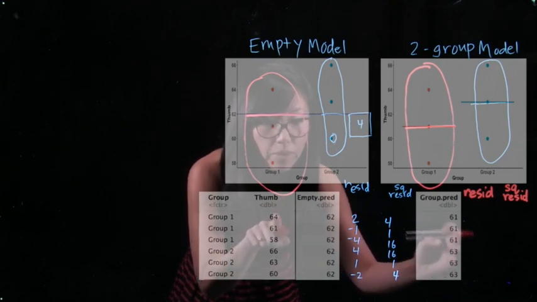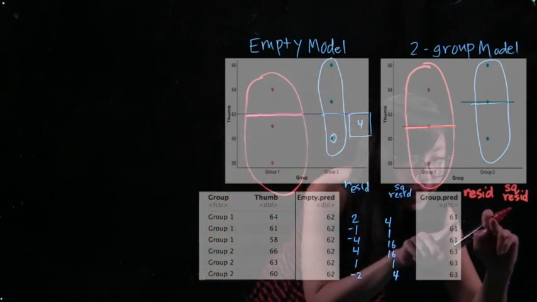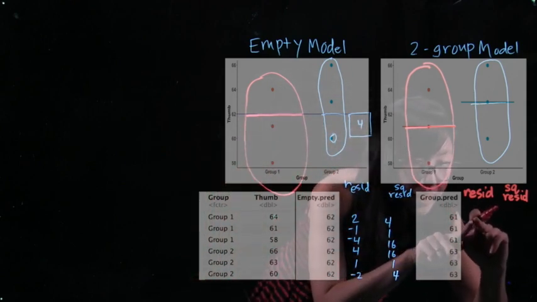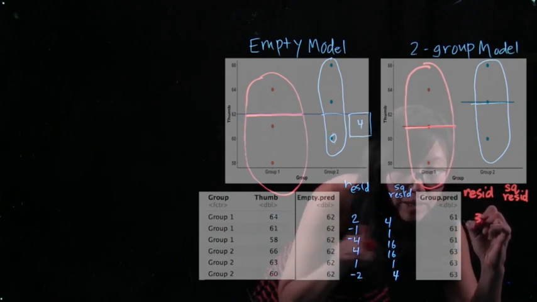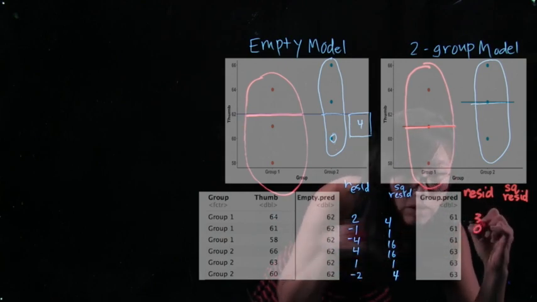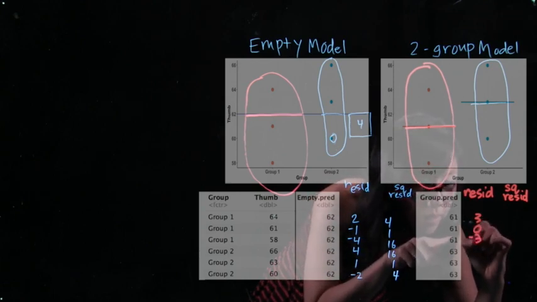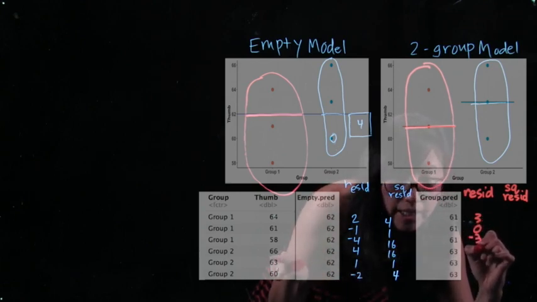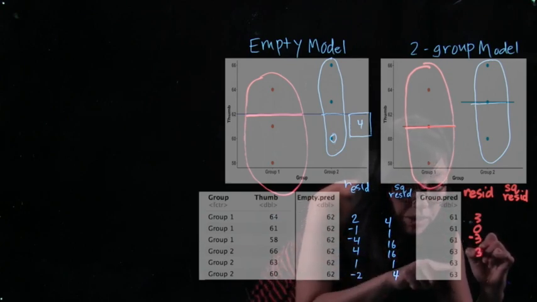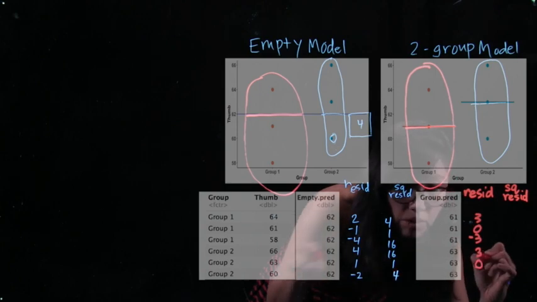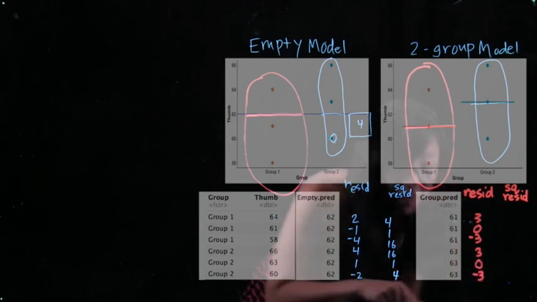So it's 64 minus 61, which is 3. Then 61 minus 61 is 0. 58 minus 61 is -3. 66 minus 63 is 3. 63 minus 63 is 0, and 60 minus 63 is -3.